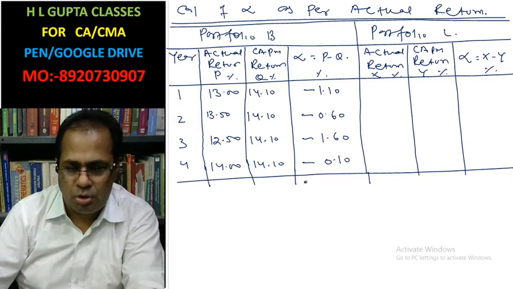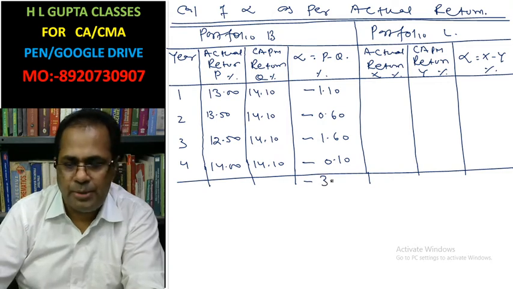After adding these all, you will get minus 3.40.